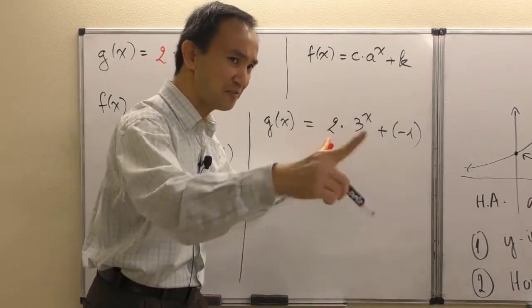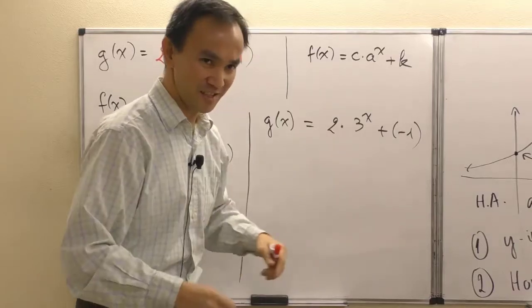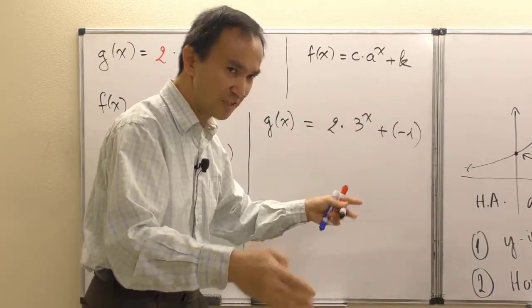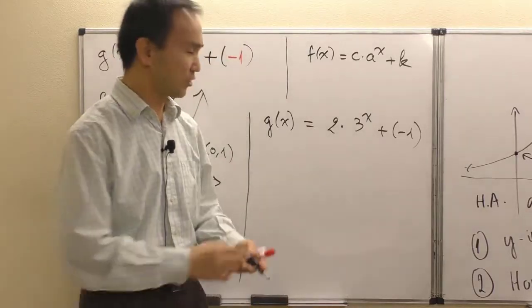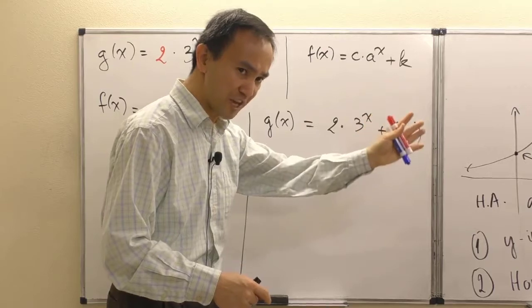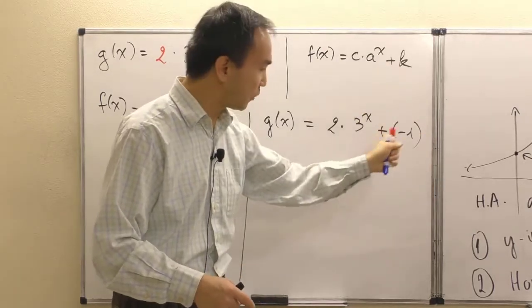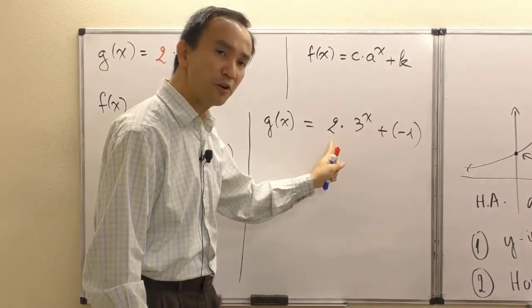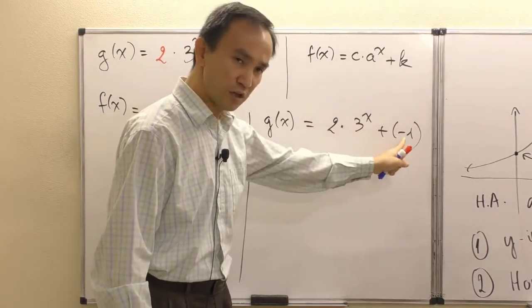I'm saying first, next and last because there's always an order of operations heavily involved in any of these problems. That's why with any parent function the multiplication comes first. Multiplication or division comes before adding or subtracting.